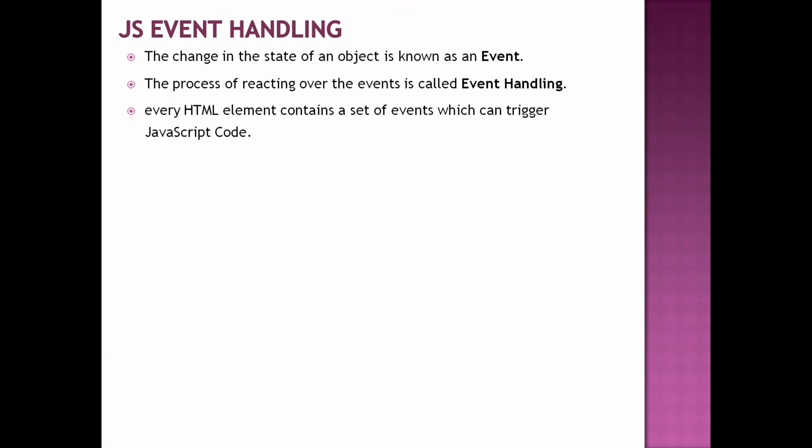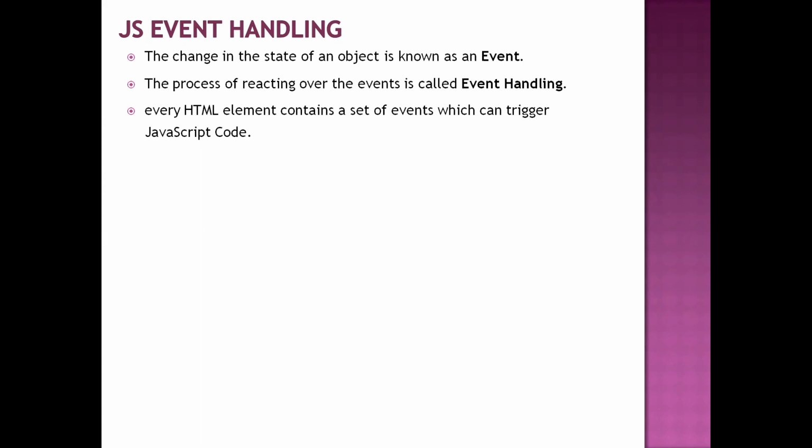First of all, an event means the change in the state of an object is known as an event. Suppose if you see any kind of web page, every page is a collection of different form elements. Every page contains some buttons, some text fields, and some radio buttons, checkboxes like that. So all those form elements are objects.